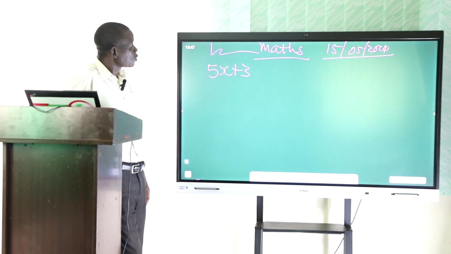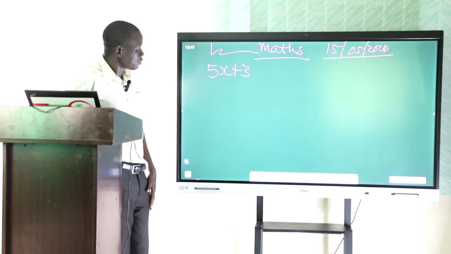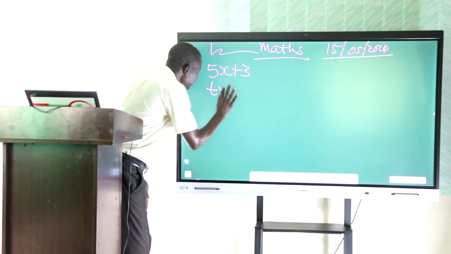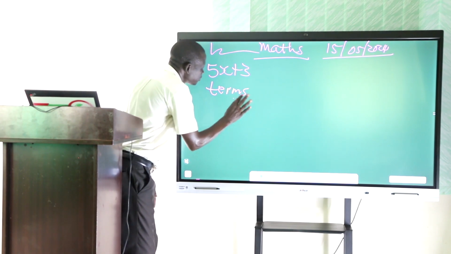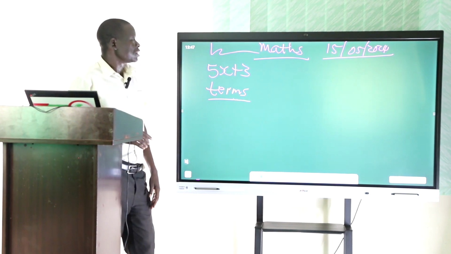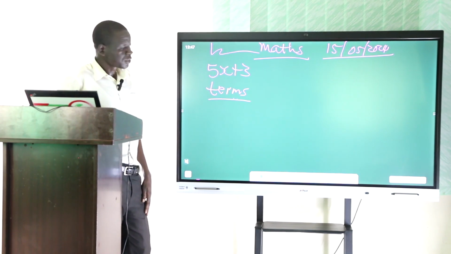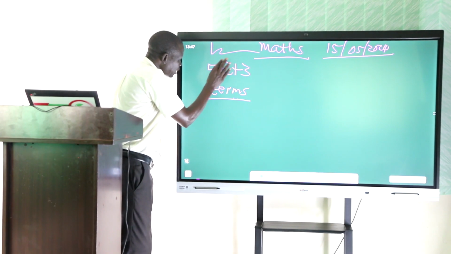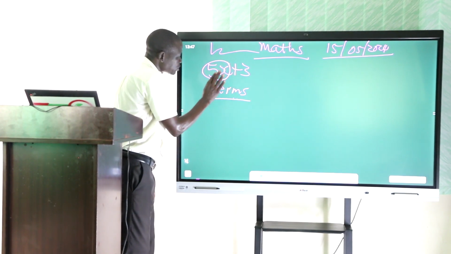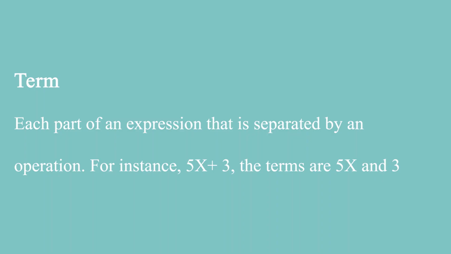We also have what we call terms in algebra. Now, when you look at this expression, 5x plus 3, the whole of 5x is what we call a term.